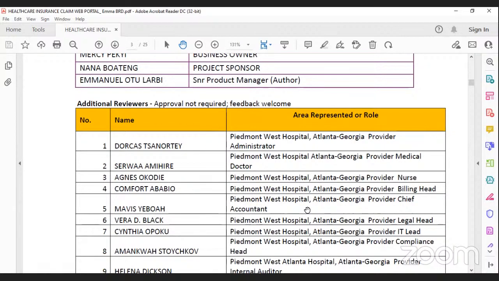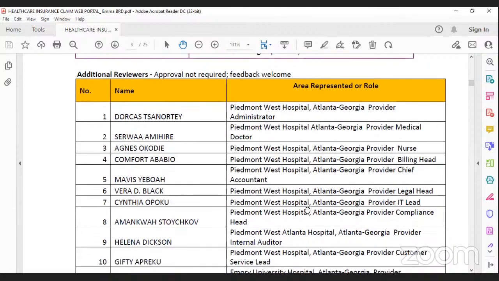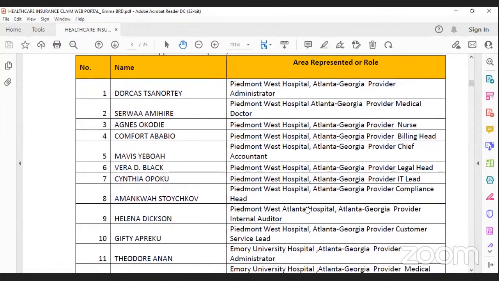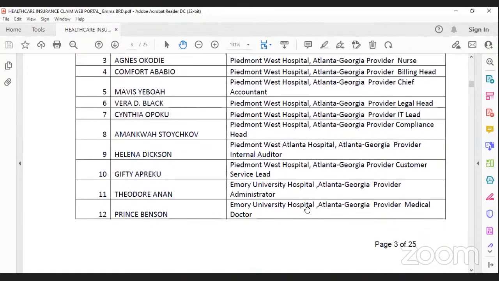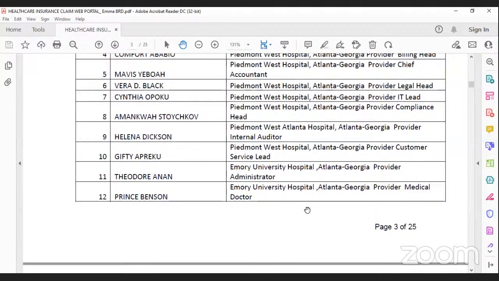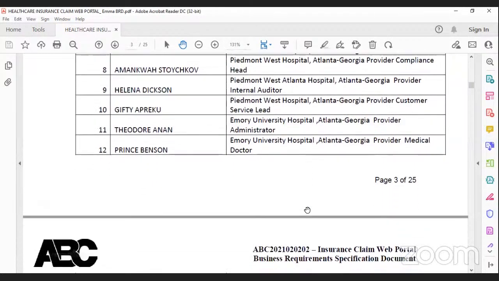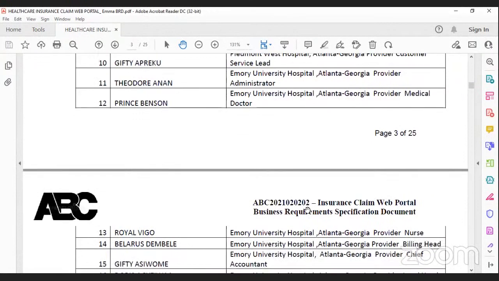In Atlanta, Georgia, we went to 5 facilities, the Piedmont West Hospital. One thing that we decided to also do was to get to the key individuals who are the leaders or the heads of these institutions. So at Piedmont, we spoke to the administrator, the head of the medical doctors, some nurses, the billing head, accountants, legal head, compliance, IT, and all those guys to be able to really appreciate what we are bringing on board and also accept the concept and then run with it.